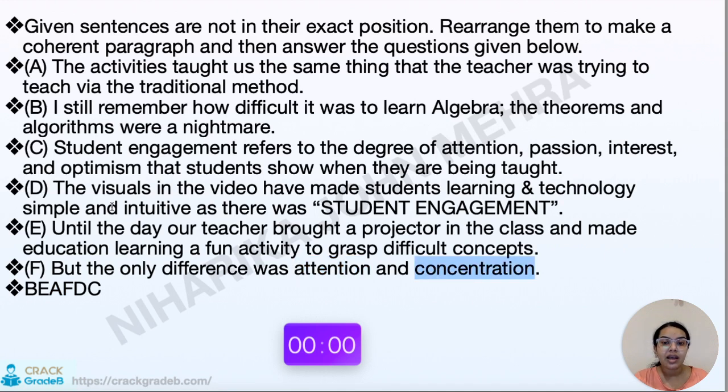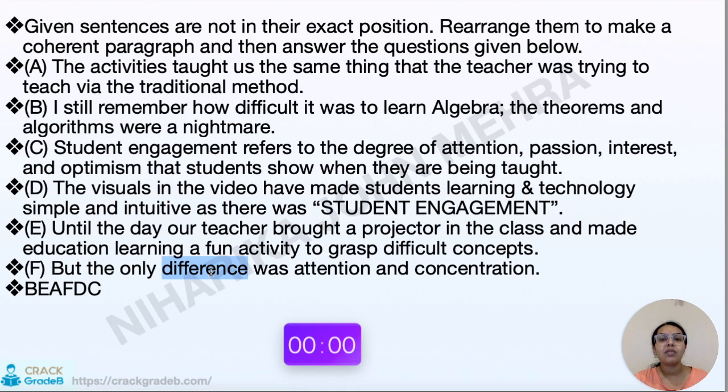Okay. Now why was this difference there? Why was the problem there? In that case only, I'll go ahead and explain the problem. The visuals made the learning simple and intuitive. They refer to the degree of attention. Attention and concentration was one of the matters, and how this affected the students is meant in D and C. That's the reason that whatever difference there is may not be negative, but a difference.